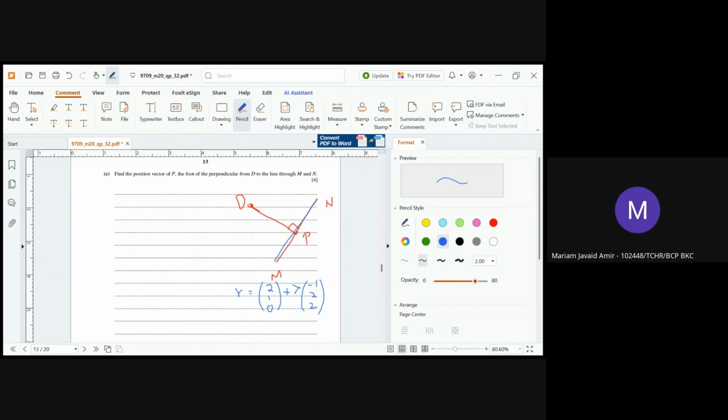Okay, now since P lies on this line, the position vector of P will be 2 minus lambda, 1 plus 2 lambda, and then 0 plus 2 lambda. We need to find the value of lambda, and substitute it here to get the proper position vector of P. We also know the position vector OD from the figure.